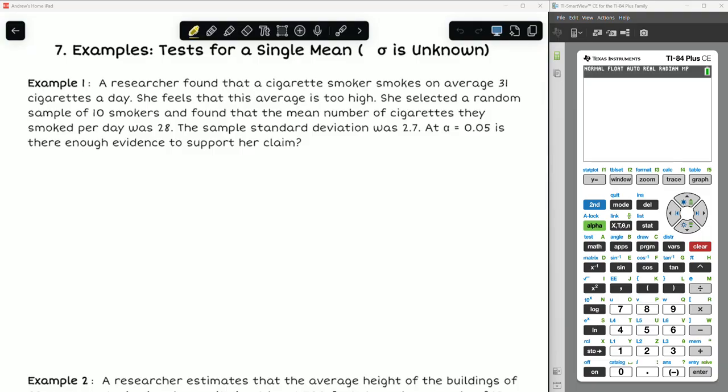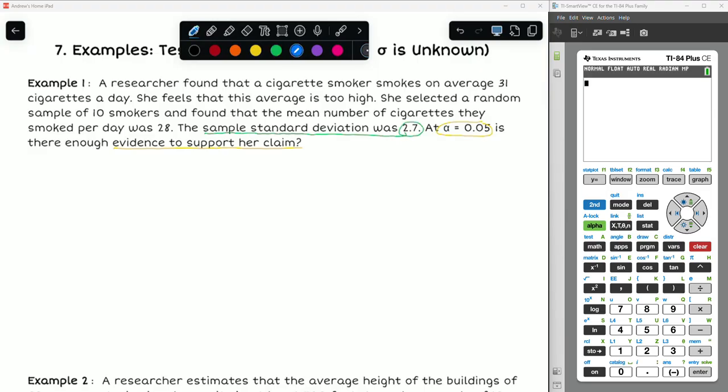So again, in that last part of the problem, I see the question is asking about evidence to support a claim, and I know that that's telling me to perform a hypothesis test or a significance test. I can also see that I'm given a significance level, alpha is 0.05, and then picking through the rest of the wording, I can see a sample standard deviation of 2.7.